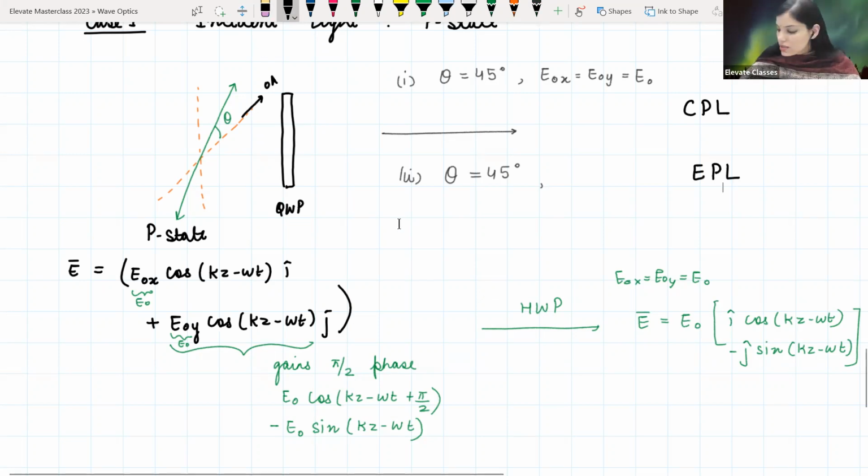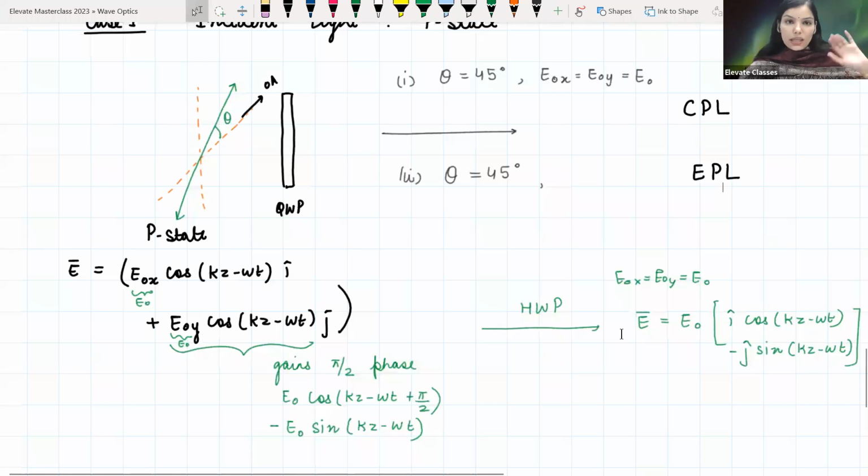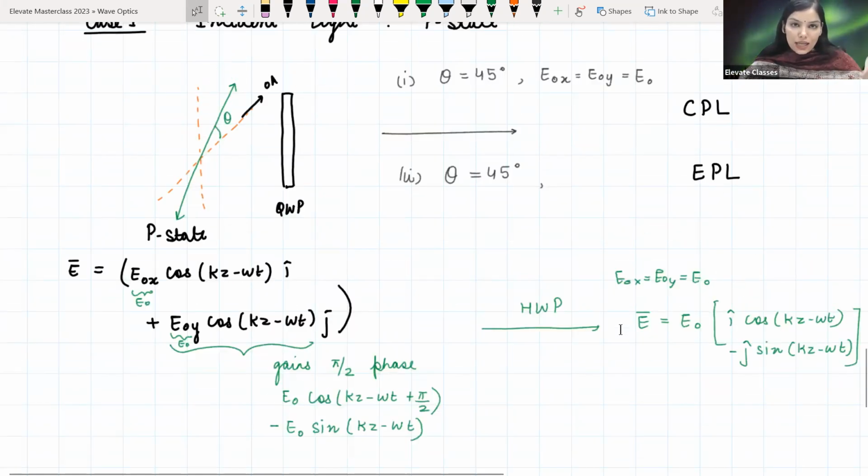So I can use a P state, input P state, to produce a circularly polarized light or an elliptically polarized light. Okay, so in that way, a quarter wave plate is an extremely useful retarder. It's an extremely useful optical element in optics lab, because you can actually change P state बनाना बहुत आसान है.